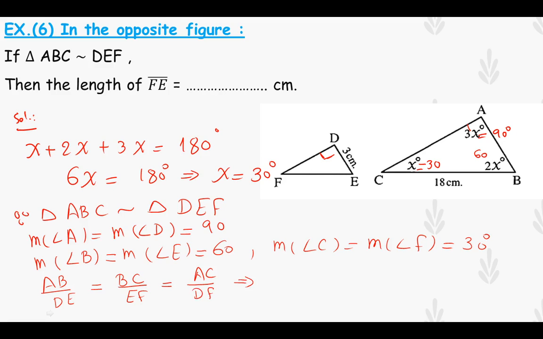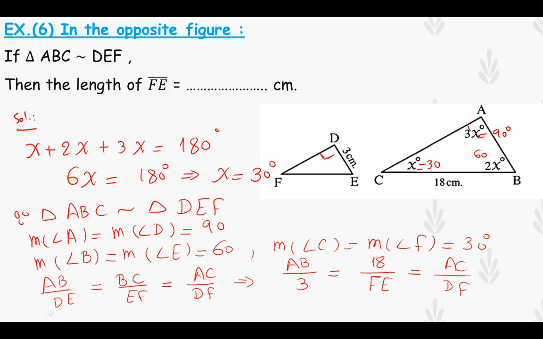Okay, here we want to write the corresponding sides. AB is unknown, DE equals 3. So AB over 3 equals BC, which is 18, over FE, the side we want to find its length, and this equals AC over DF.